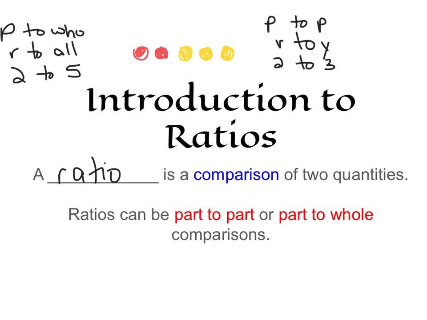If I were to actually draw this as little rectangles, then that would be your fraction, when it's shaded in this way and they're asking for the red shaded in. So we still write them as fractions. Ratios, we write them as fractions and we solve them as fractions, but ratios are not always fractions. Just make sure you understand that.